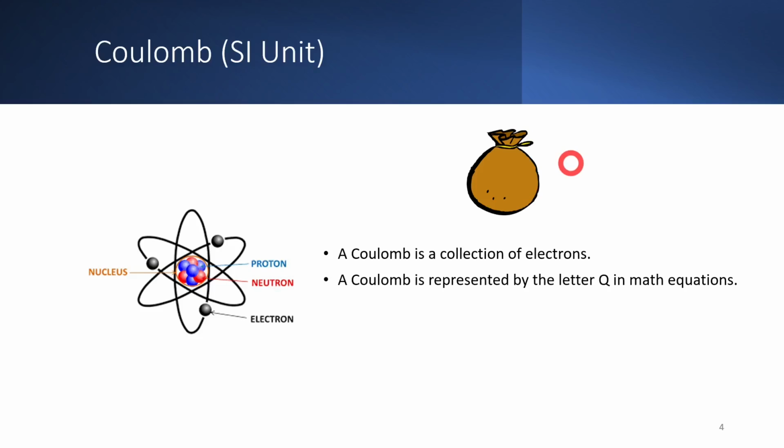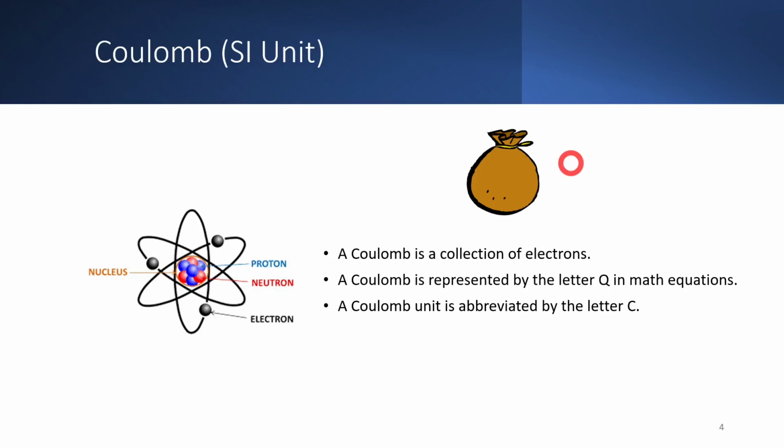Coulomb is represented by the letter Q in math equations. So we are going to do a couple simple math equations today. We're going to use the letter Q to represent them. But the unit itself that we just discussed is a Coulomb. It is abbreviated by the letter C. So this is something in the study of electricity that students will have to get used to.